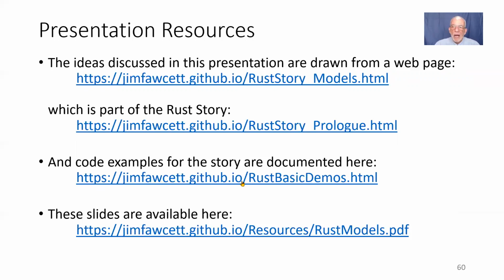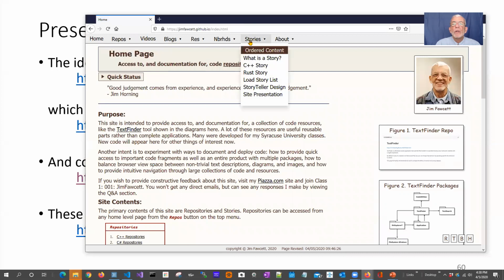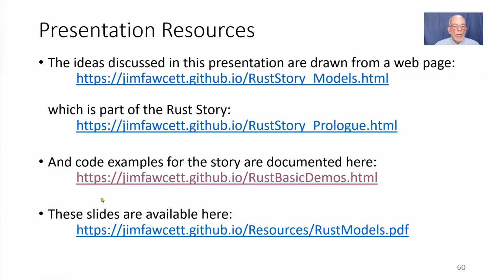And from there, at the top, you'll see this is the Rust Basic Demos library, but if you go to the home, here's stories, and there's a C++ story, a Rust story, and so on. So that just lets you see those things.